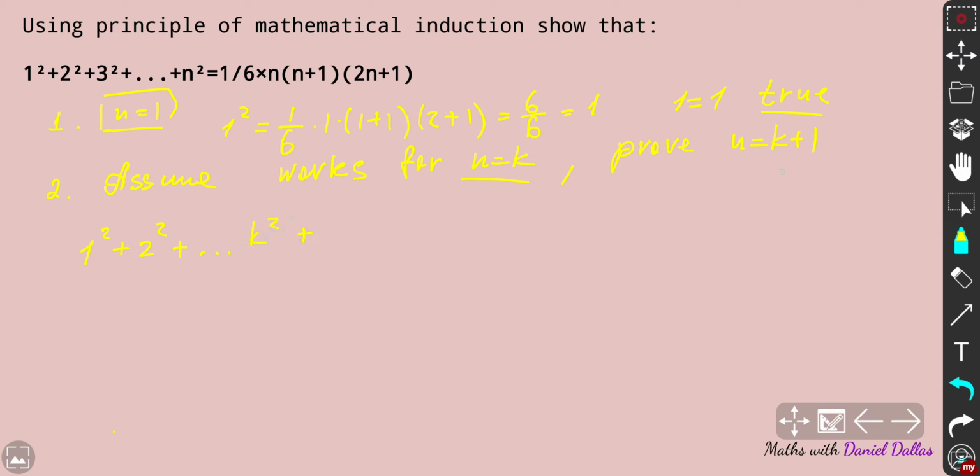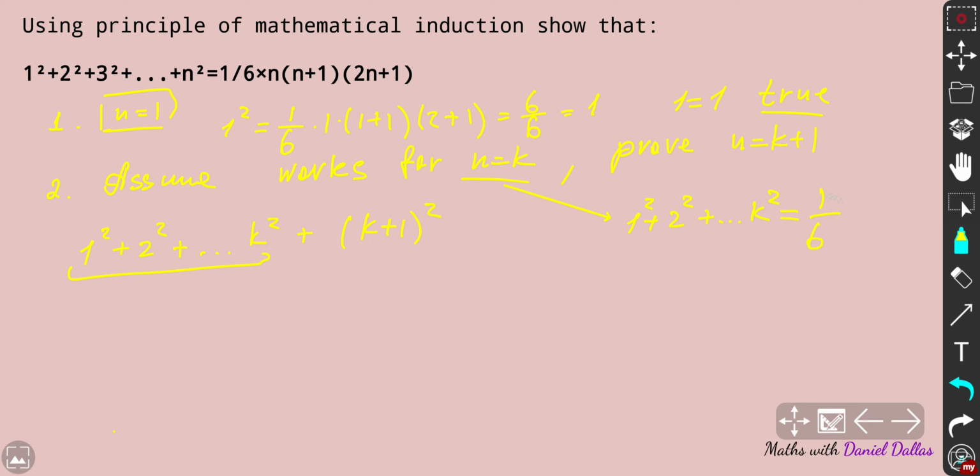On top of that, we just need to add (k plus 1) squared. This part is known, because the formula works for n equals k, so it looks like 1 squared plus 2 squared plus, up to the last term k squared. We just rewrite this formula by plugging in n equals k.